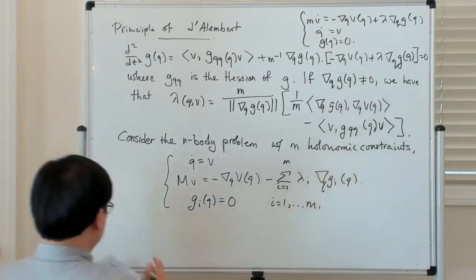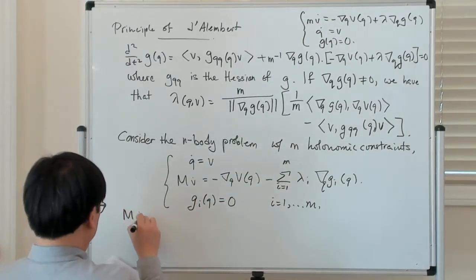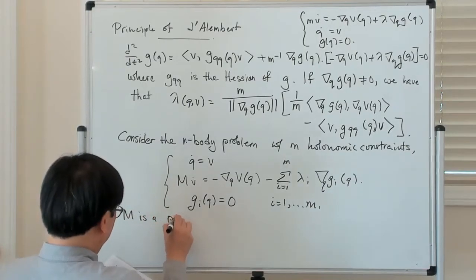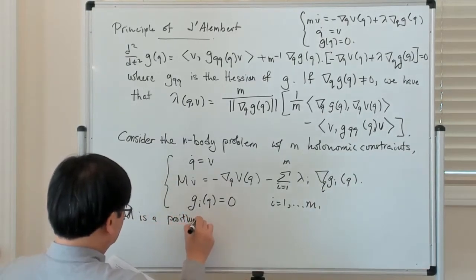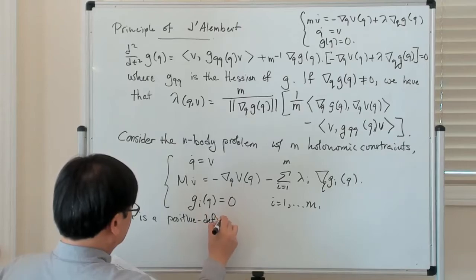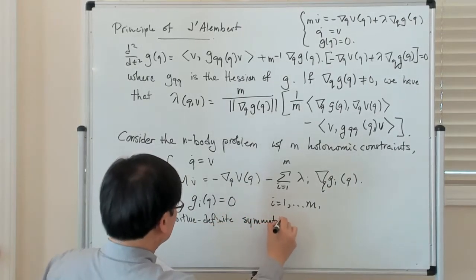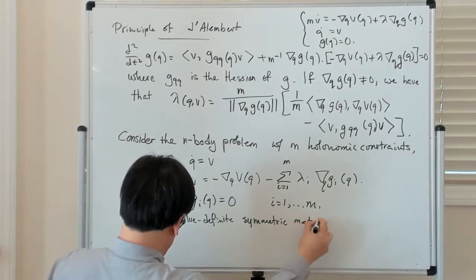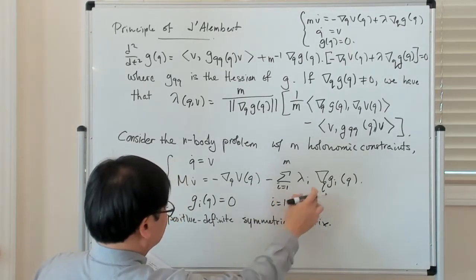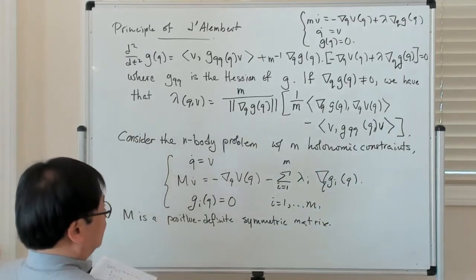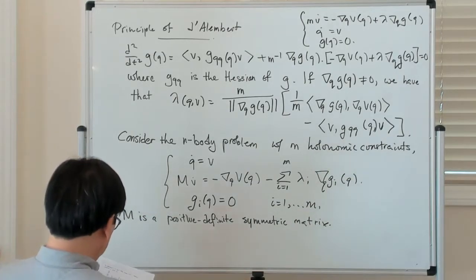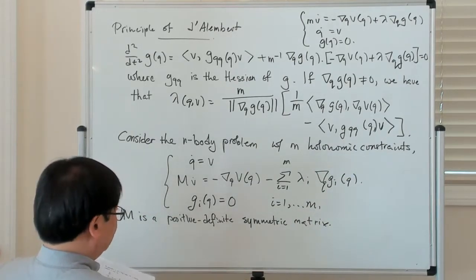Okay, so here big M is a positive definite symmetric matrix, and then you typically assume that the gradients of the holonomic constraints form a linearly independent set, right?